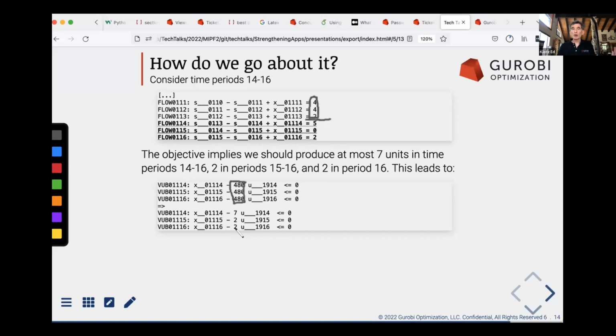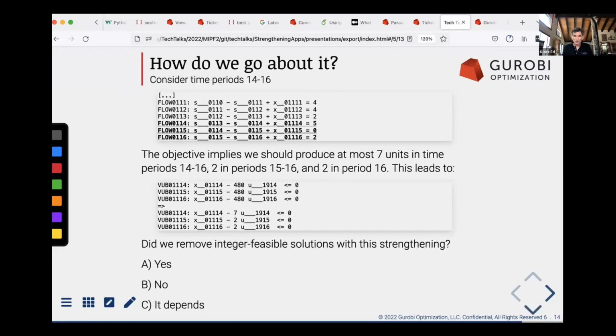And that's a totally legitimate change in formulation. We're not losing any meaningful integer feasible solutions. We may be losing some really bad ones, but that's really not relevant for optimizing the model.